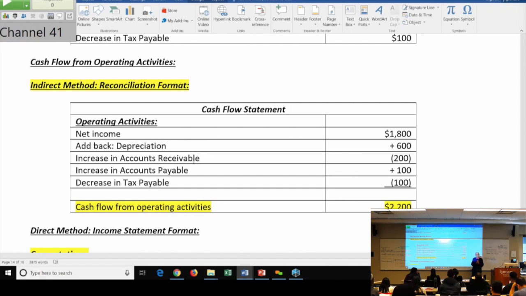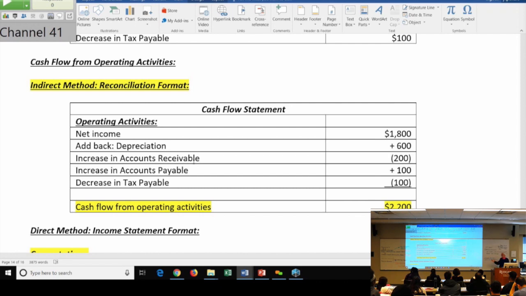Now, what makes the argument even worse is that you do get disclosures like this in a direct method cash flow anyway. So it kind of ties things together. I think it may very well be that the ability to forecast is a little bit more difficult with the indirect method.